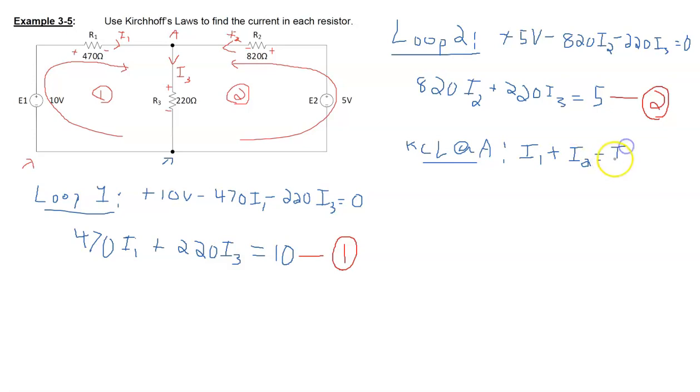And so to put all my variables on the left side of the equation, I should say that I1 plus I2 subtract I3 is equal to 0.